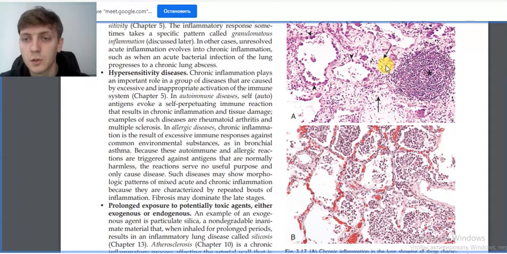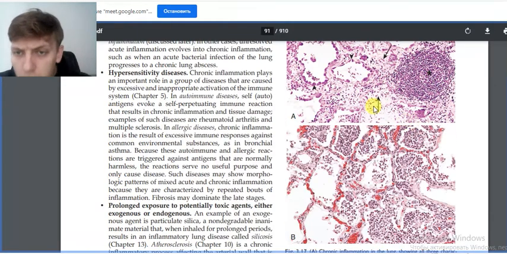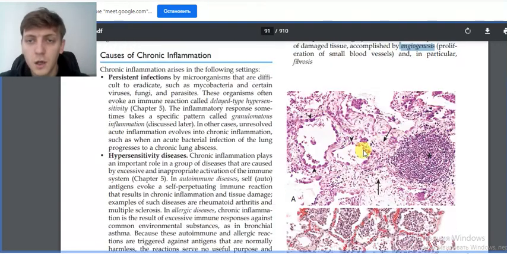So here we see, what can we see here? The arrows show the cells responsible for inflammation, like monocytes, chronic inflammatory cells. Of course it's lung.